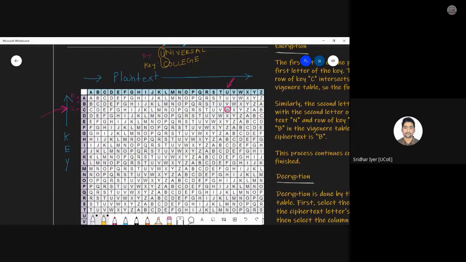You have to check U along the columns and C along the rows. Wherever they intersect, that character is your ciphertext. Similarly, next is N and O. So check the N column and O row. And wherever they intersect, that is this B, that will be your ciphertext. Am I clear? You have to repeat in the same fashion. You can think of this as 26 Caesar ciphers working in random.